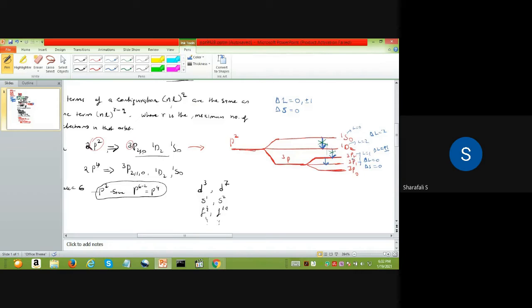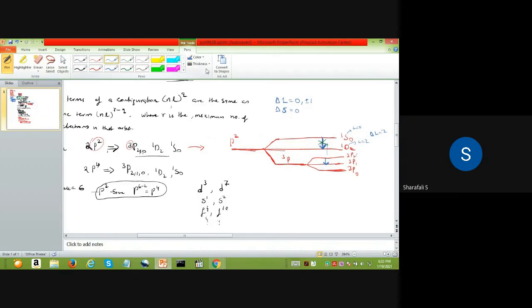Sorry, I got this wrong, because here we will be having S value equal to 0 here, S value equal to 1. So this will not be allowed in that case. Sorry about that. So we have a state here, which is this.